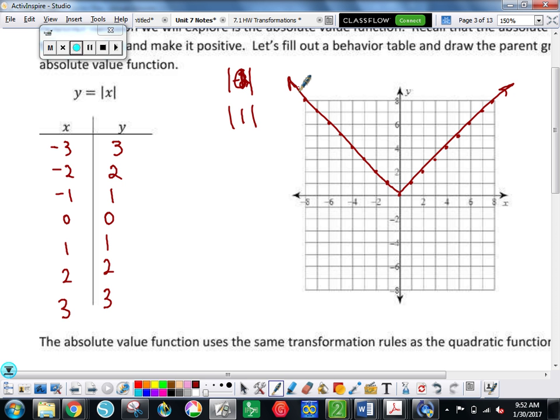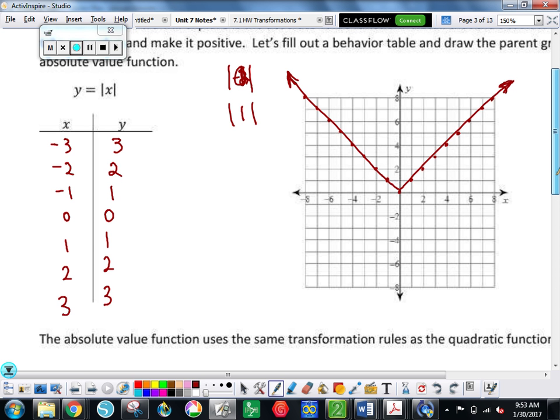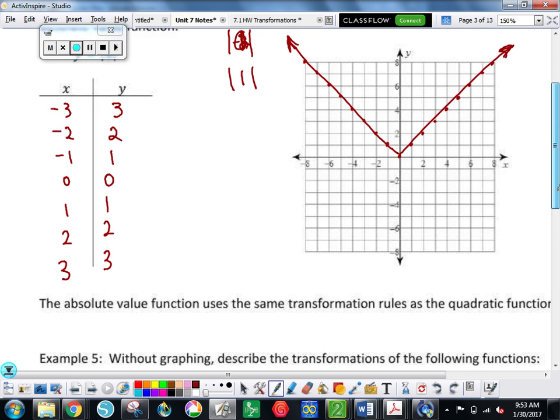So I like to mark them all, but the rule is your graph should cover the entire grid, so the little arrow should be coming off the top. It's just because I'm picky. I like to see the whole thing. So the absolute value makes that V shape. The parabola makes the U shape.